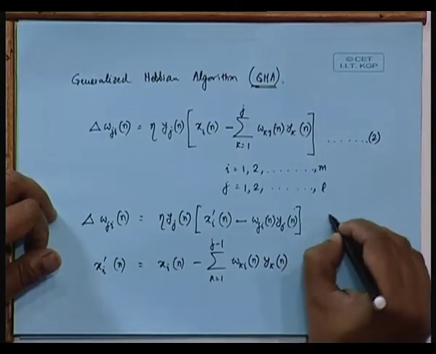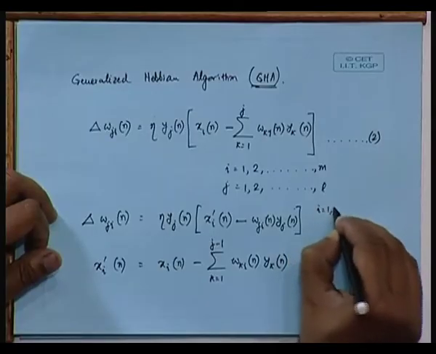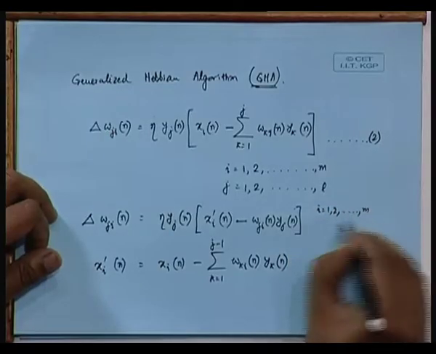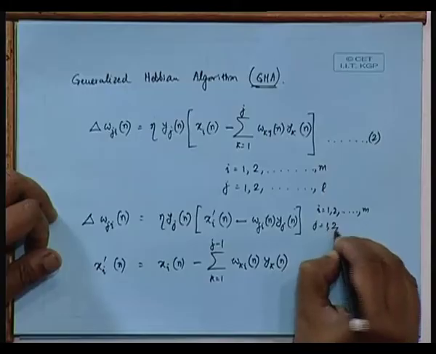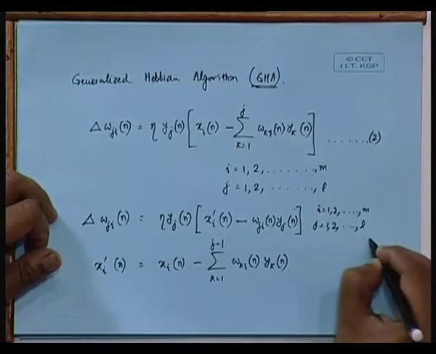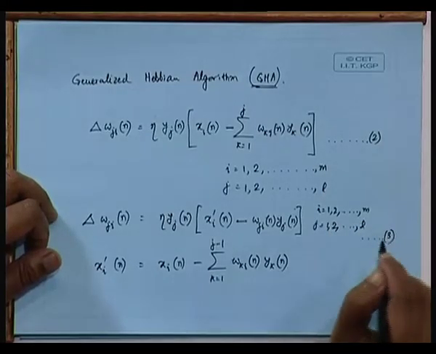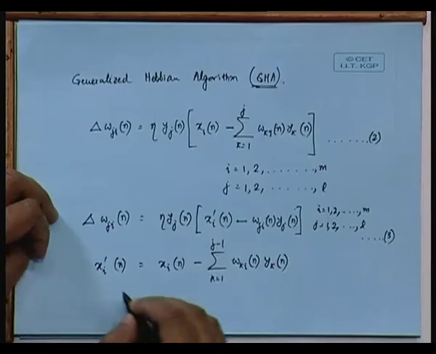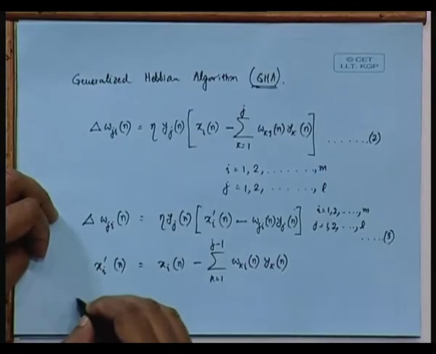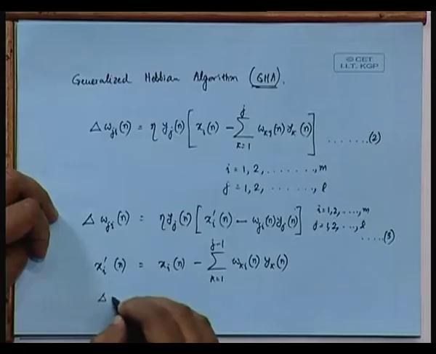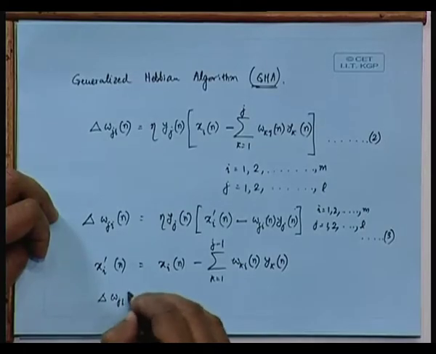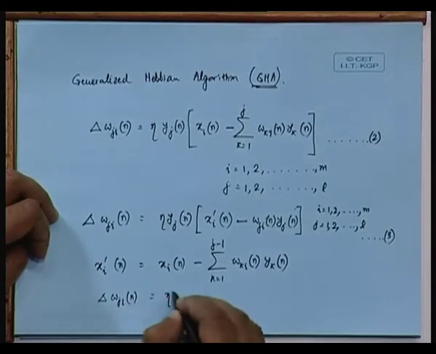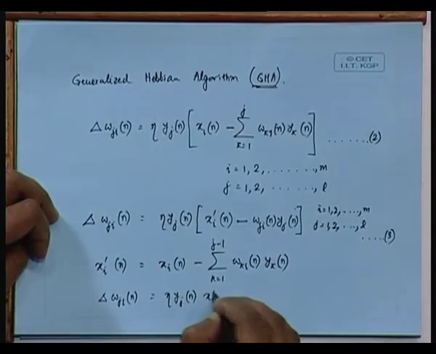This is also for i equal to 1 to m and j equal to 1 to L. This we call equation number 3. Equation number 3 can be rewritten as delta wji(n) equals eta yj(n) xi''(n).